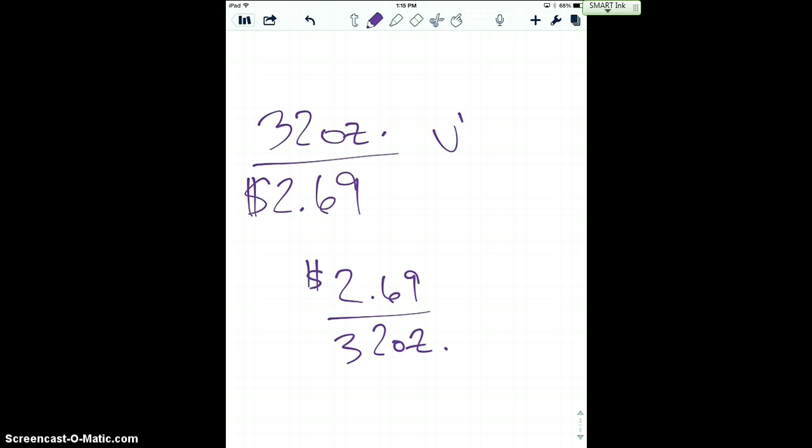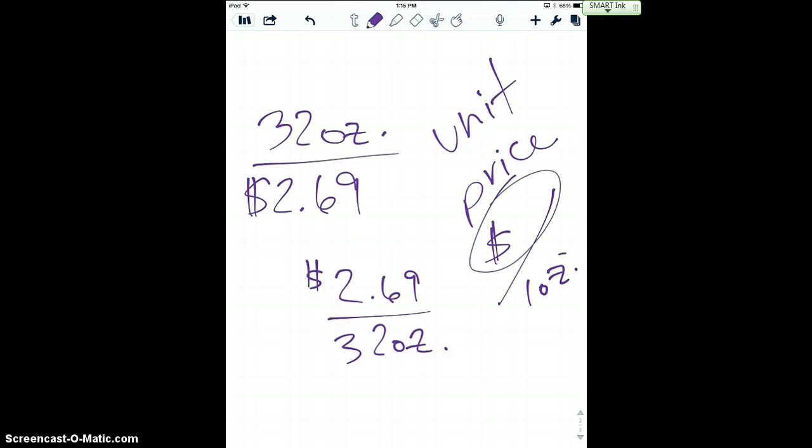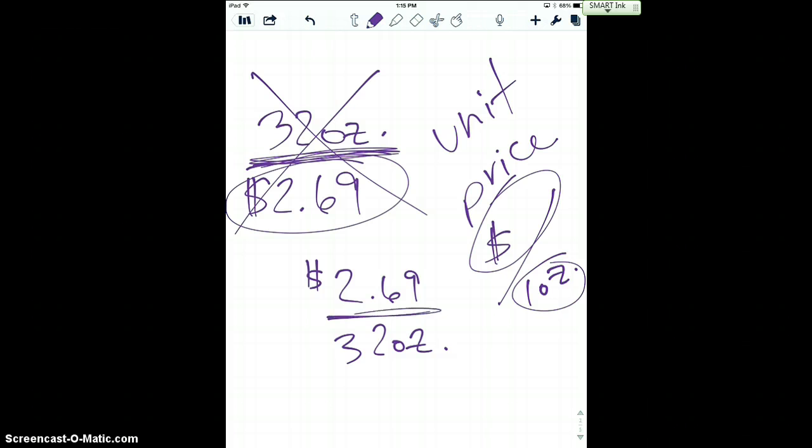It's asking for the unit price. So if I want the unit price, I need to know money per 1 ounce. How much money I am spending per ounce. So in this case, this is per dollar. So I don't want that. I want per ounce.